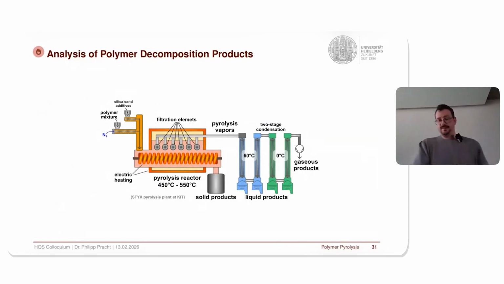Yeah, I'm almost at the end. So possible application for this would be, for example, analysis of polymer decomposition products. What you see here is a pyrolysis machine that's standing at KIT, in fact, so right around the corner. You have an unknown polymer mixture that goes into it that is decomposed in this reactor without oxygen.